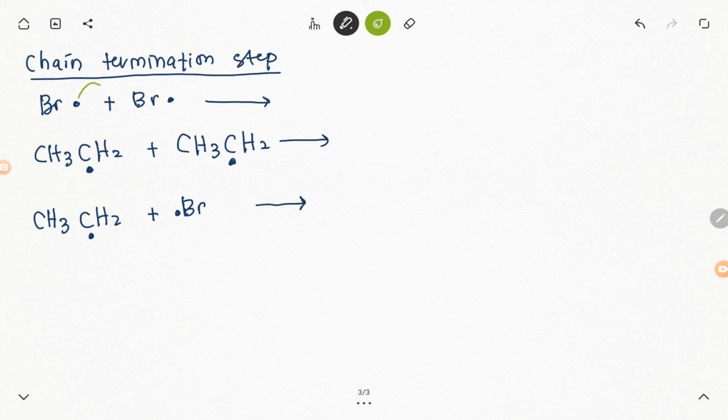So radical species combine together to form a new covalent bond. Bromine covalently bonded together is your first product.